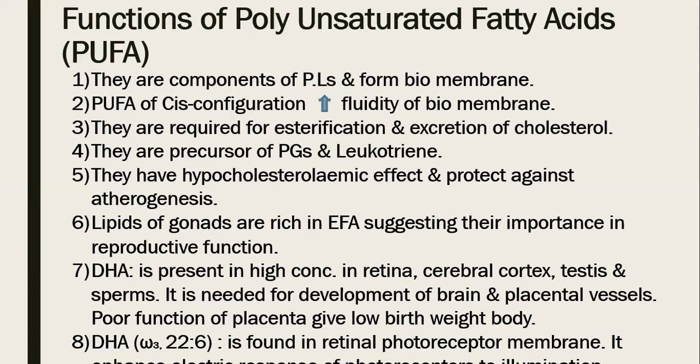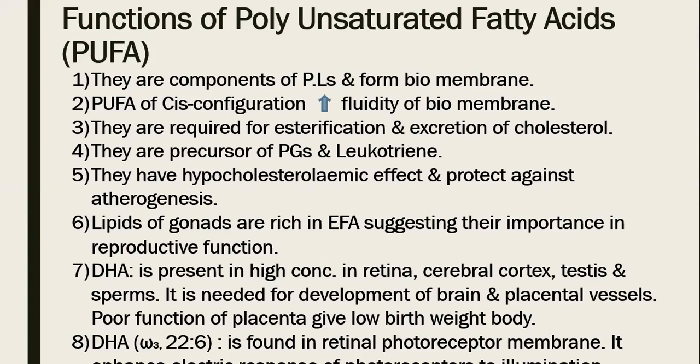Docosahexaenoic acid is present in high concentration in the retina, cerebral cortex, testes and sperms. It is required for the development of brain and retina, and it accumulates in the brain before birth and 12 weeks after birth, because it is required for the development of brain, retina, and vascular tissues.